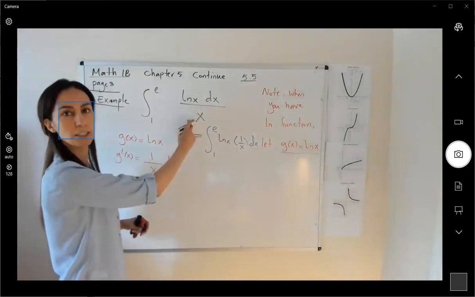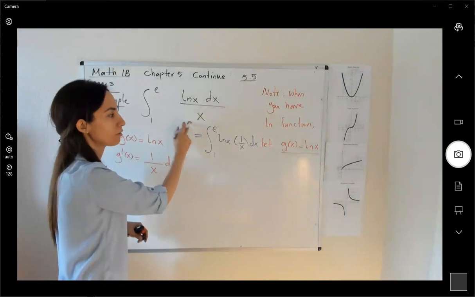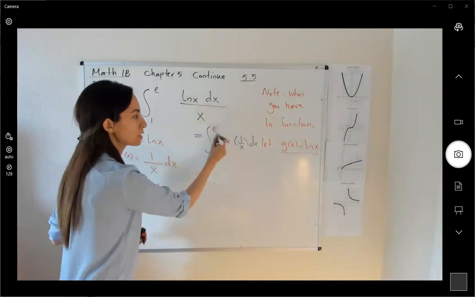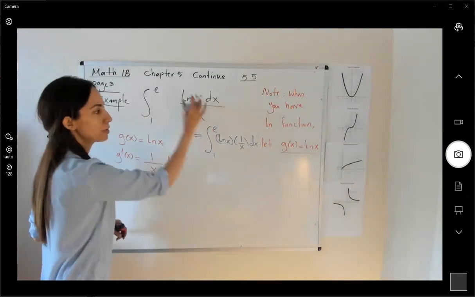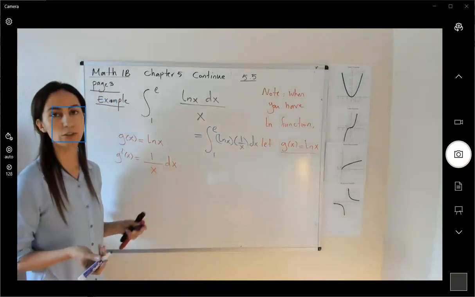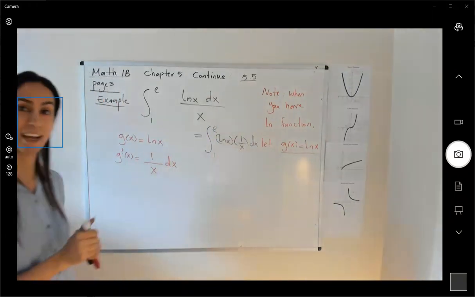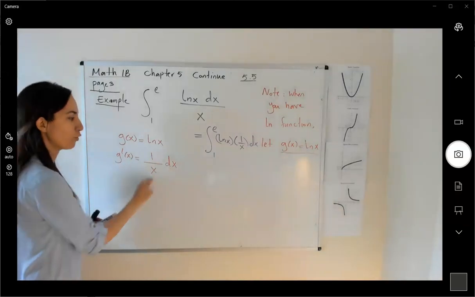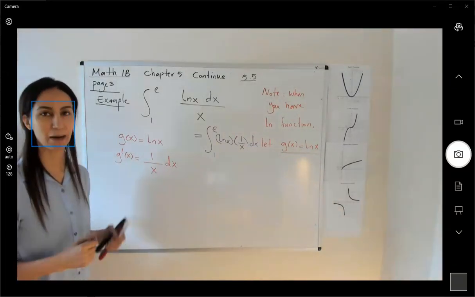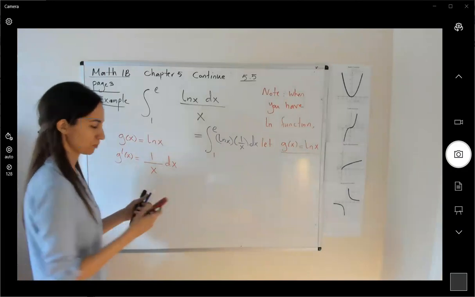Dividing by x means you have 1 over x multiplied by your numerator, which in this case is dx. So since we have 1 over x next to dx, we can apply the substitution method.